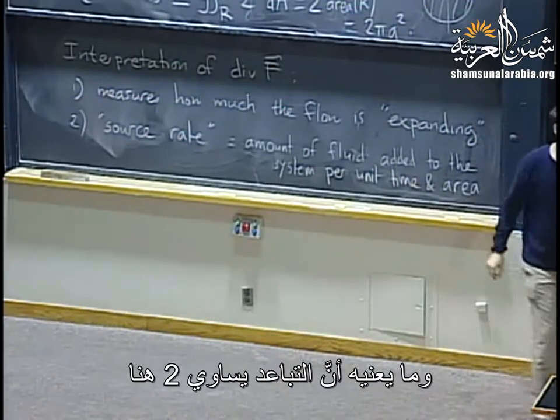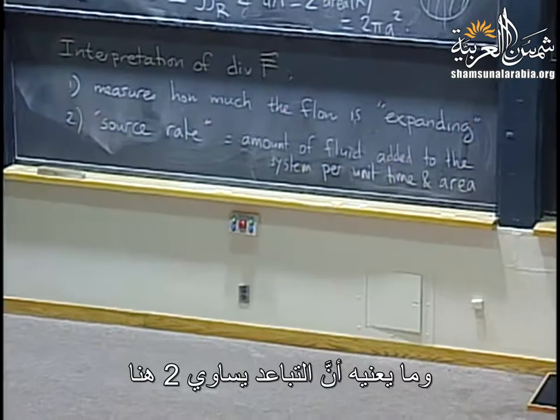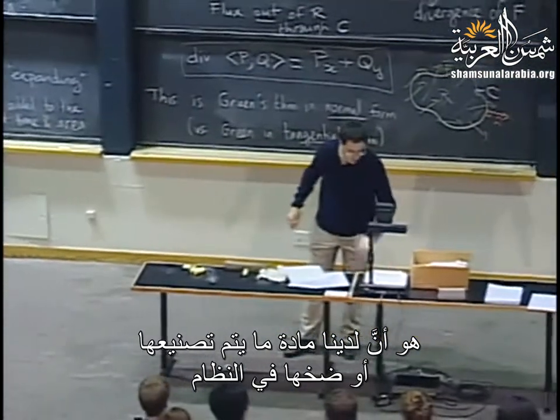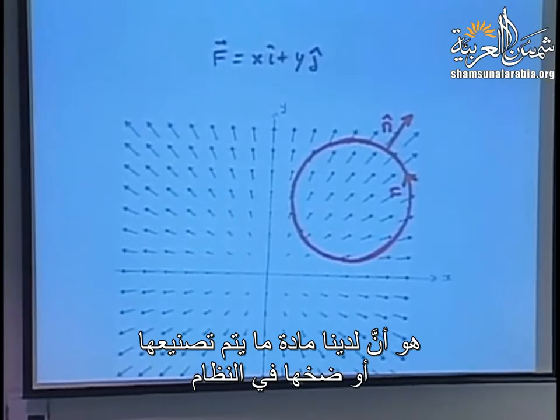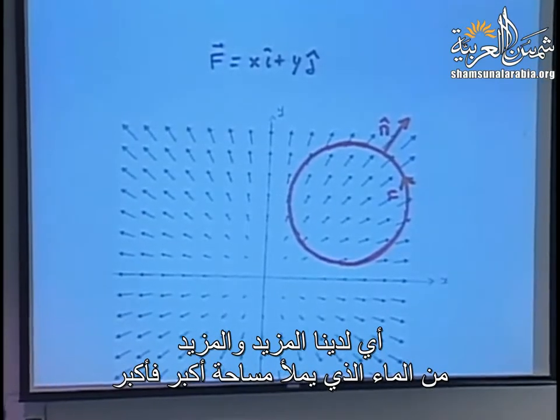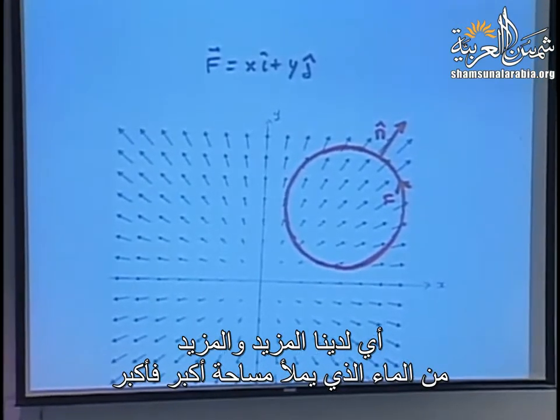What div f equals 2 means here is that matter is being created, or pumped into the system, so that you have more and more water filling more and more space as it flows.